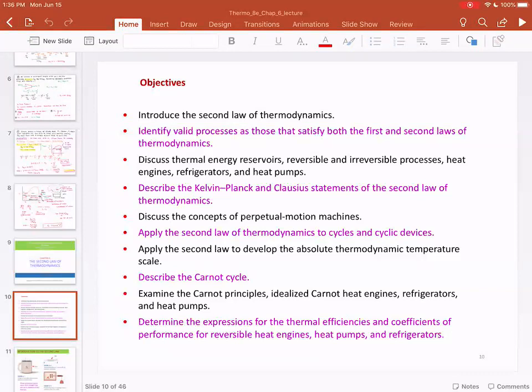And this chapter is sort of the background information or fundamentals to the next chapter. That entire chapter is on entropy. And if time permits, we will talk about entropy today, or we can start talking about entropy in the next class.